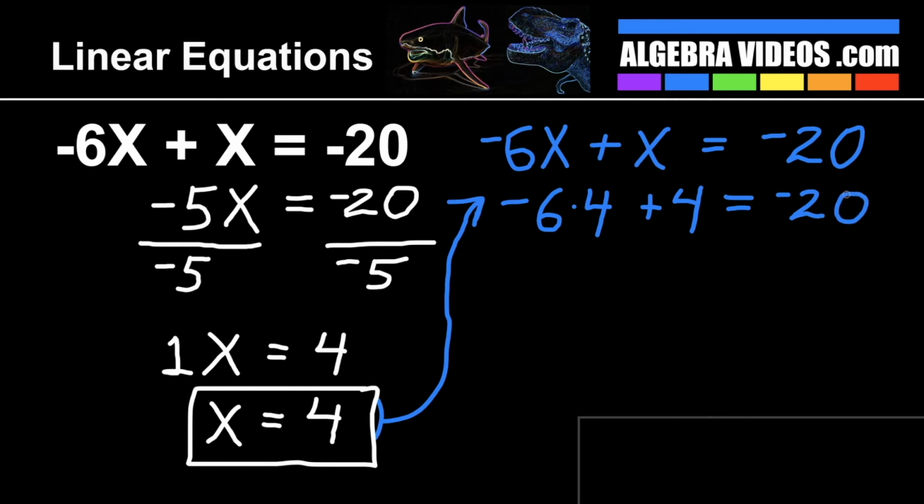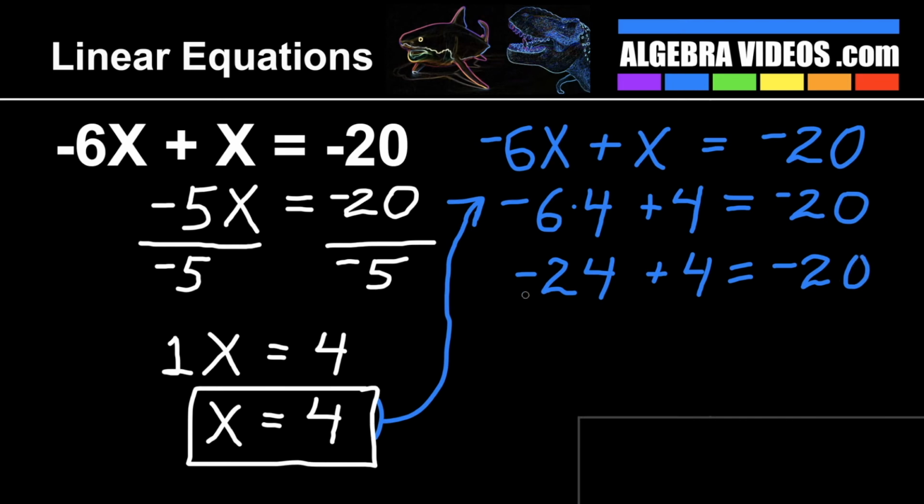Nothing changed on the right side. Now we'll go back to the left side and simplify. Again, negative 6 times 4, that's negative 24. Plus 4, nothing changed, equals, on the right side, negative 20. Nothing changed over there.